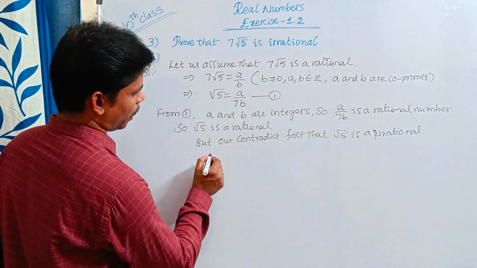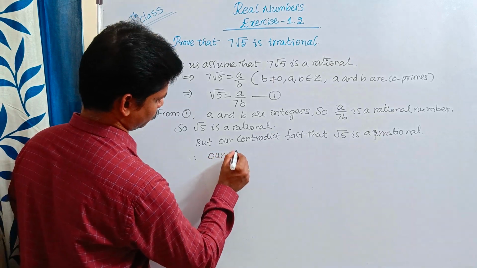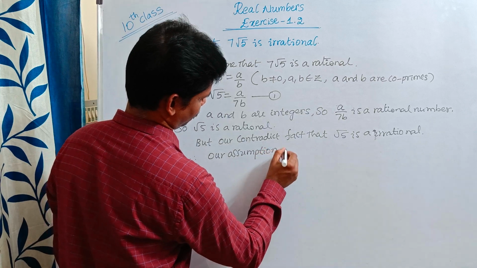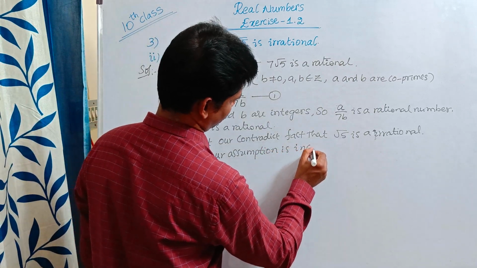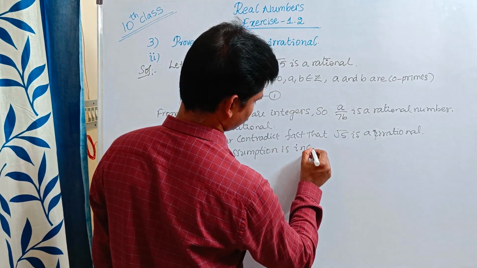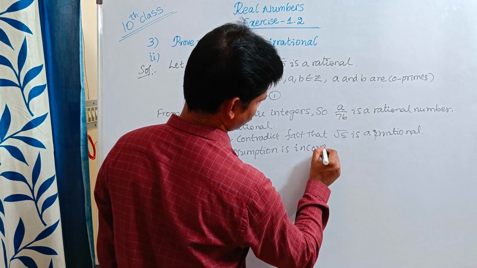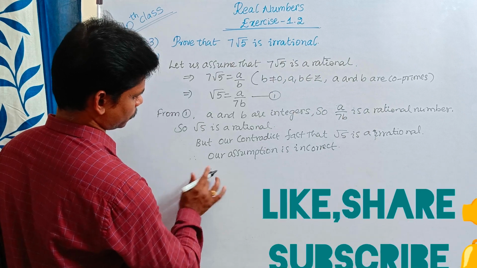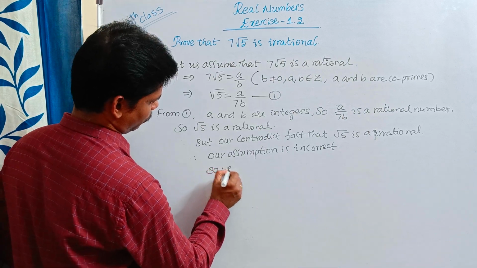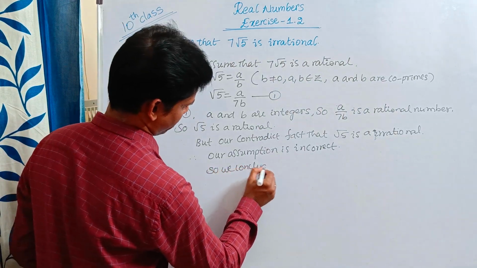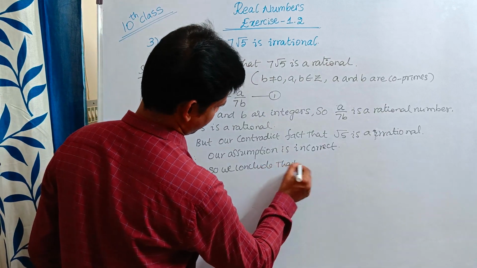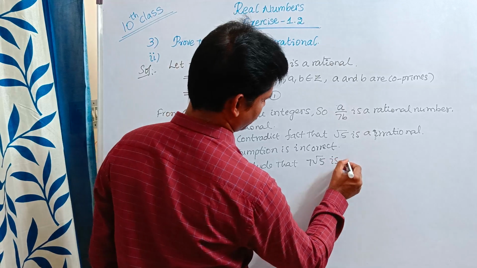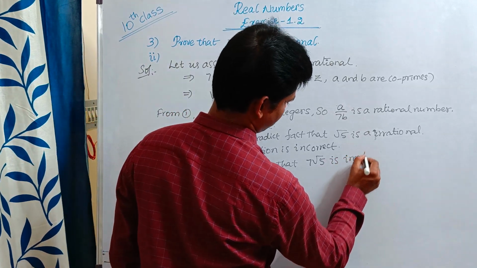So therefore our assumption is incorrect. So we conclude that 7 root 5 is irrational.